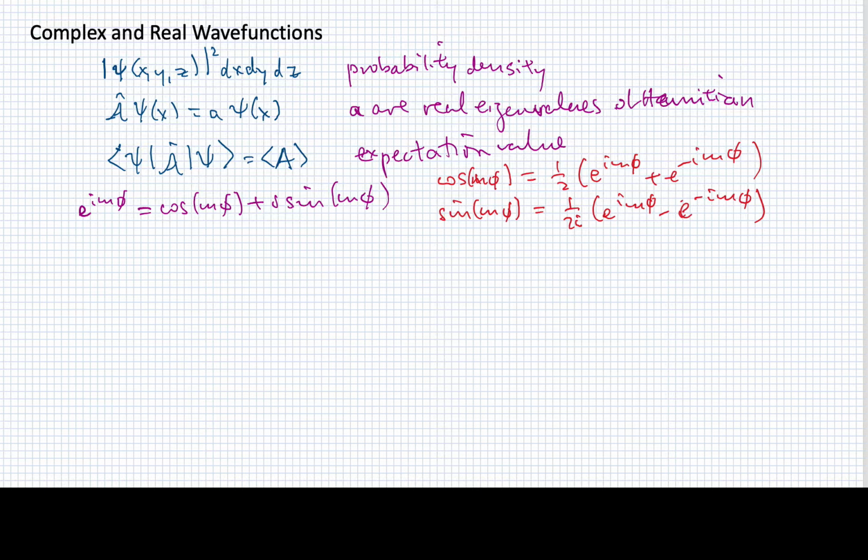Now let me give you an example of how this might help us in a particular case involving hydrogen atom wave functions. All right, we know that the hydrogen atom wave functions for n equals 2 and l equals 1, rather, and m equals 1 would look something like this.